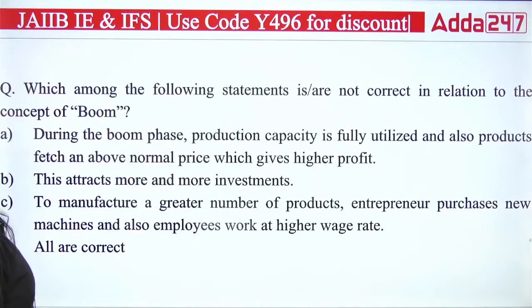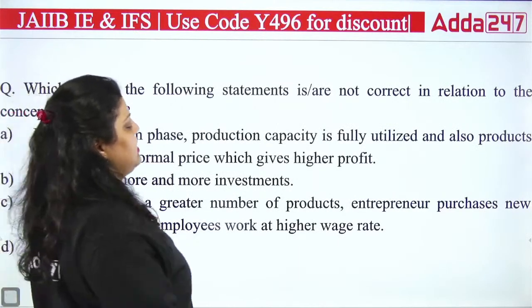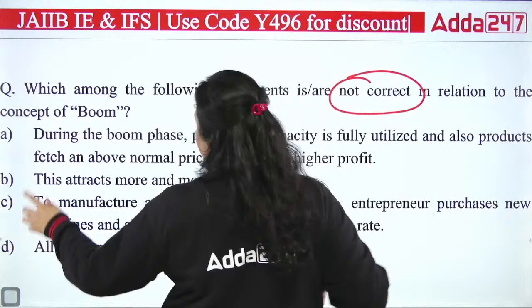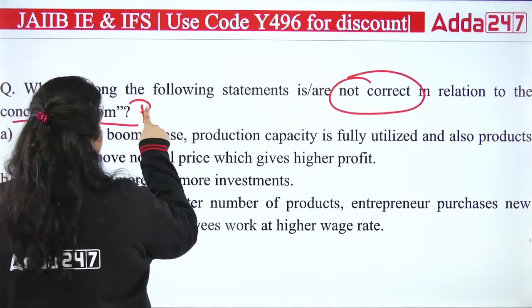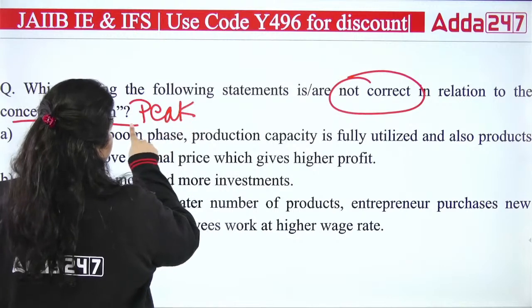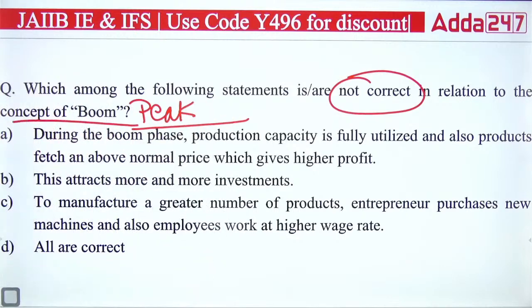Okay, next question we have, which among the following statements are not correct in relation to the concept of boom? Boom is also known as a peak period where all the maximum economic indicators have been achieved.